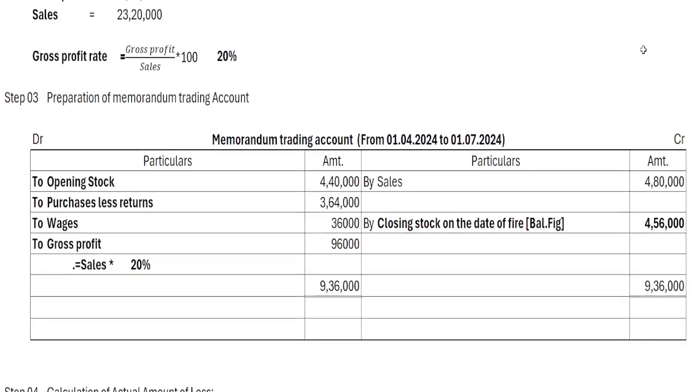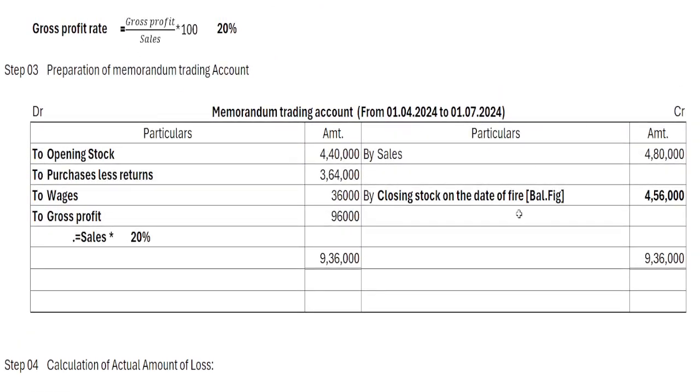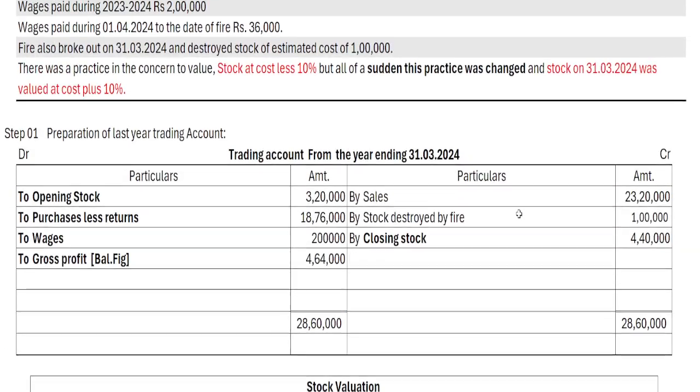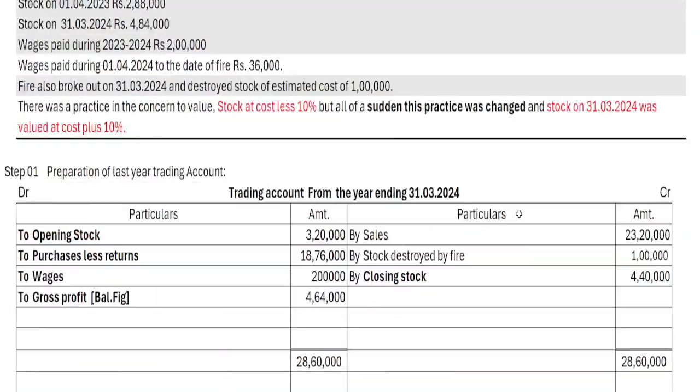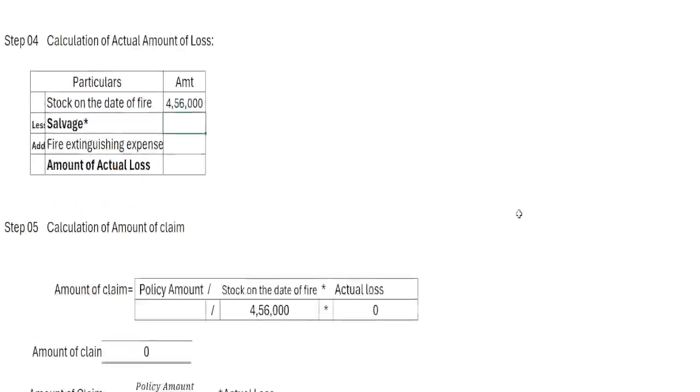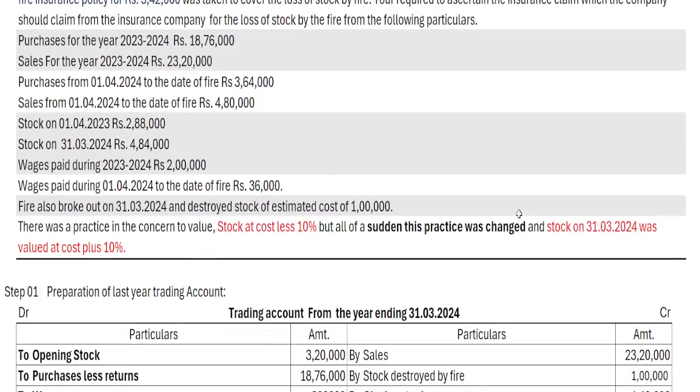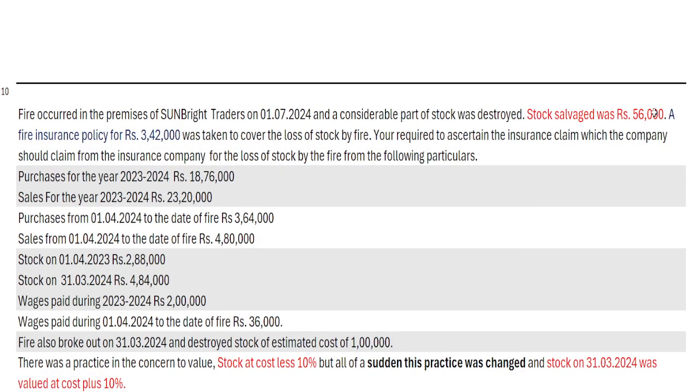We got the closing stock on the date of fire by preparing the memorandum trading account. Now let's calculate the actual loss. For that we need the stock on the date of fire, which is already mentioned, and the salvage. Salvage is 56,000.